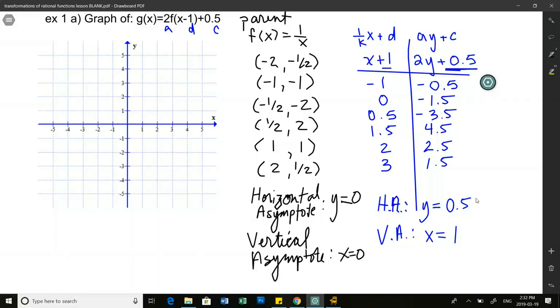Carla? Sorry, for the blue one, can you just explain quickly again how we're inputting into the equation at the top and getting those end results? Yep. So we'd be putting -2 into that and then getting...? Yes, so I'm taking my x's and I'm adding 1 to all of them, and then I take my y's and I do this to all of them. Just 2y plus 0.5. You don't actually represent 2y. It's each of these individual y's that I'm subbing in. When you have 2y plus 0.5, you're really just adding 0.5 to it.